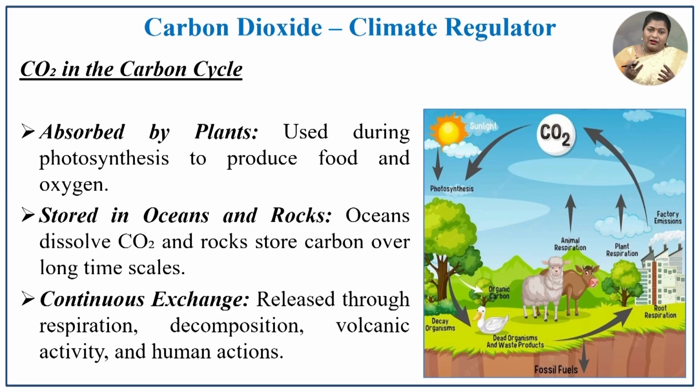What are all the sources by which the carbon dioxide is released to the atmosphere? That is by respiration, decomposition, volcanic activity and human actions. So these are all the sources of carbon dioxide in the atmosphere. If the concentration of carbon dioxide is increased suddenly, what will be happening?